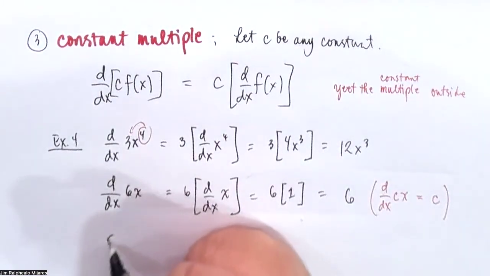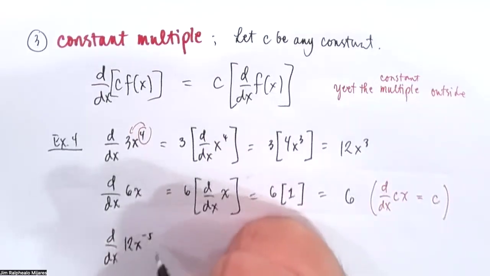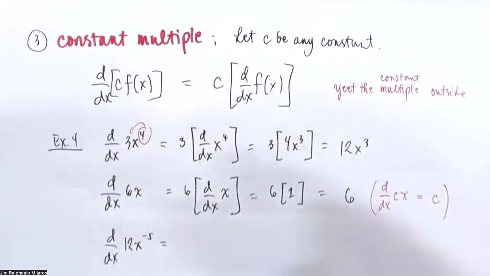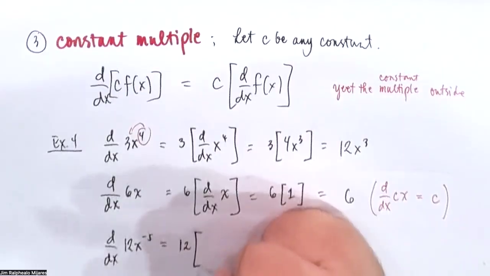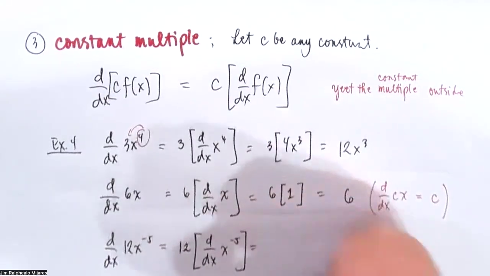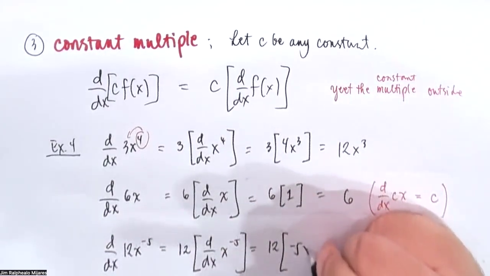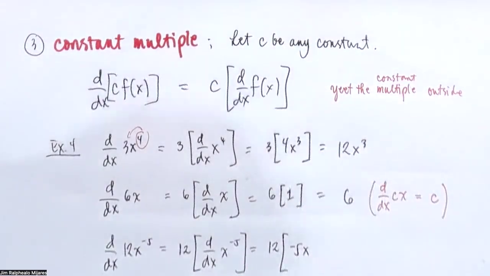How about the derivative of 12x to the negative 5? Okay? That's just 12 times the derivative of x to the negative 5. This is just 12 times negative 5 x to the negative 5 minus 1.